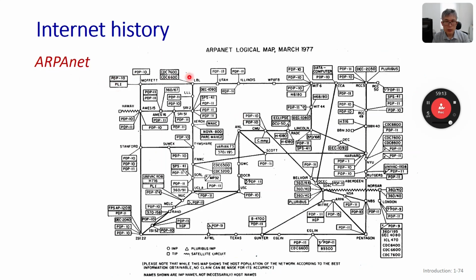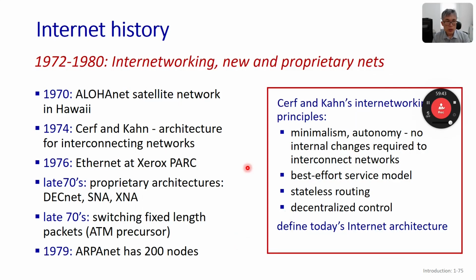This is the ARPANET logical map, March 1977. You can see Hawaii, Honolulu, and then we can see the UCLA network, USC, MIT, Harvard, New York University, many networks, and Texas, like Austin.